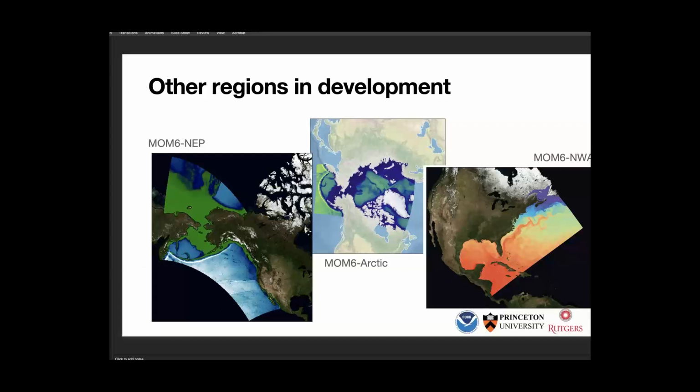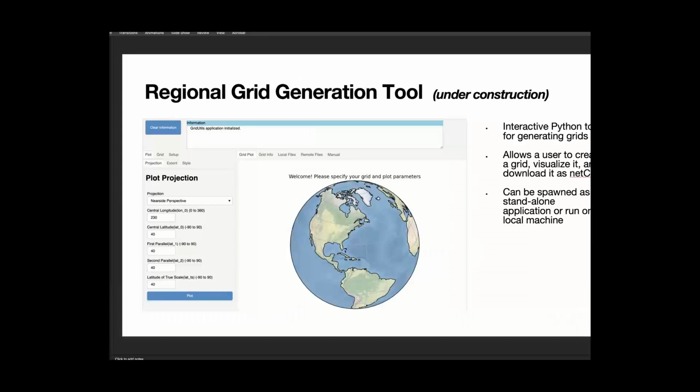Finally, as this is a new model, it requires new tools, and part of what we've been doing is developing a whole slew of ancillary software that's going to be needed to make this a general purpose useful tool for the community at large. We started with a grid generation tool that will be available, if not already, on GitHub.